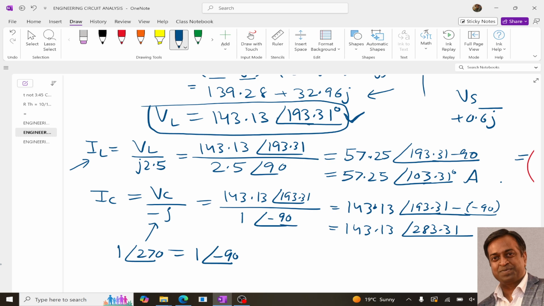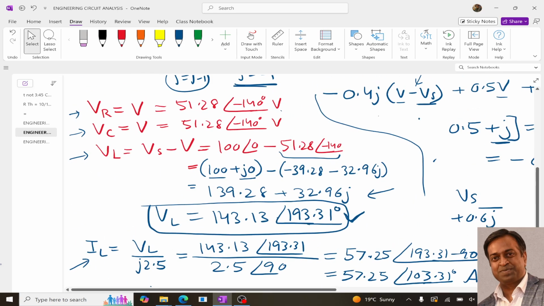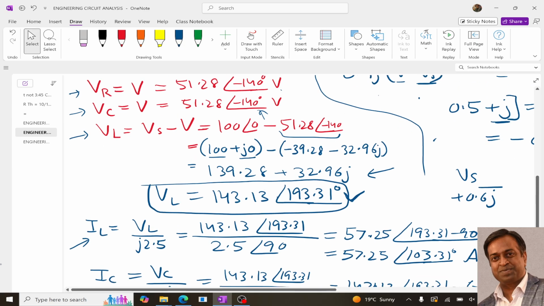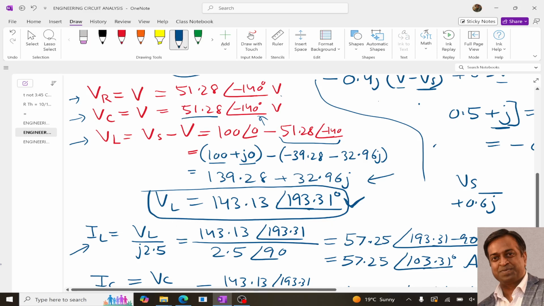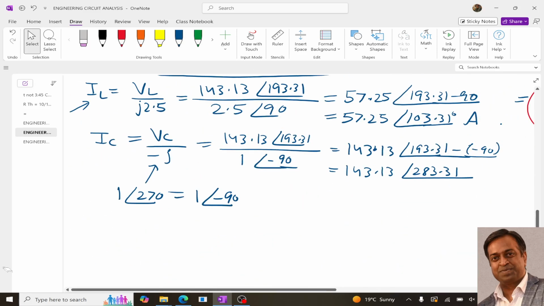Just a minute, I put it wrong, because for VC the angle is minus 140. It is 51.28, angle is minus 140, so I need to change it over here.